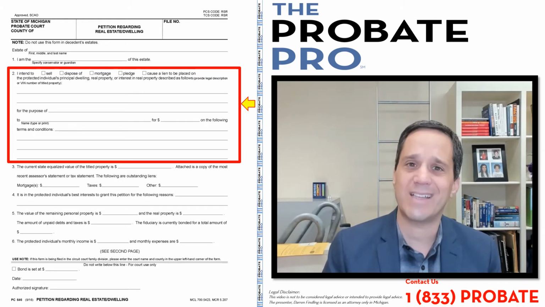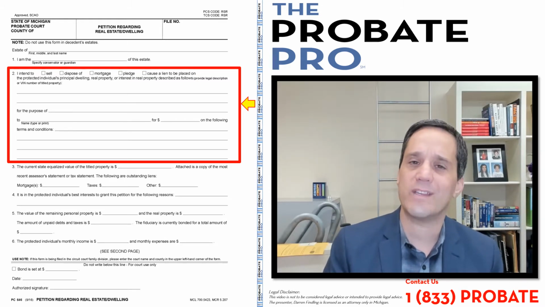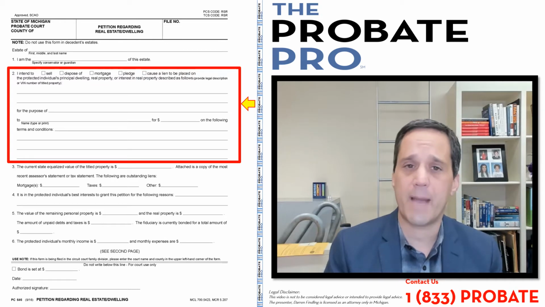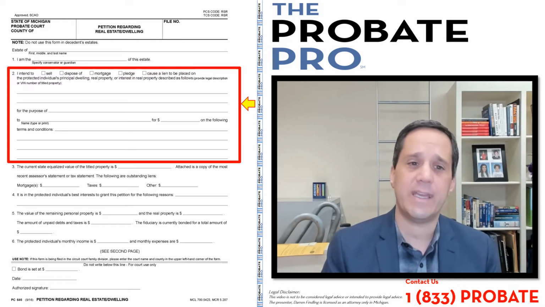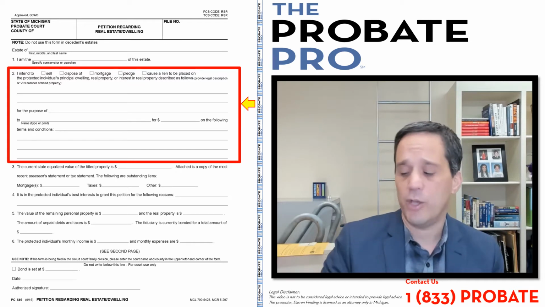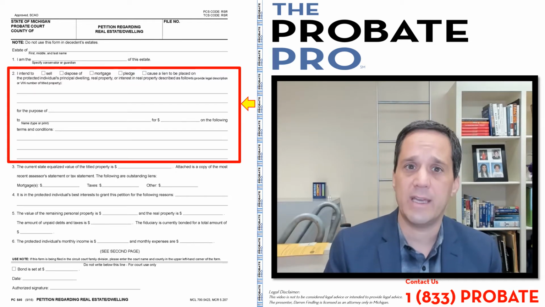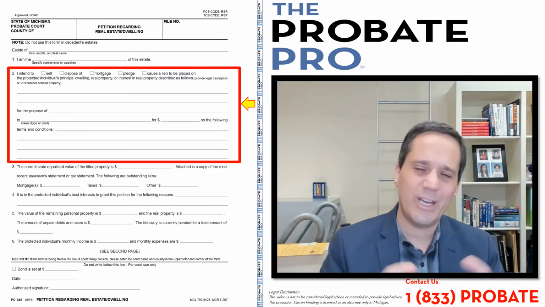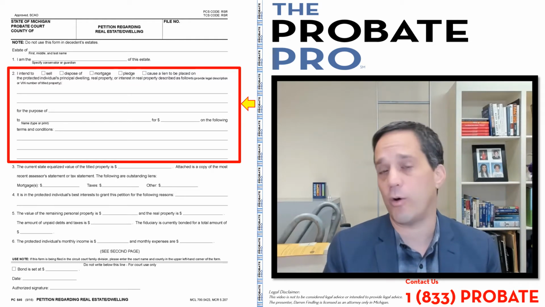Then it identifies to whom you are doing this transaction with. So for example, if you are conveying to a third party, you'd indicate the name of that person. Maybe you're getting a mortgage and you'd identify the name of the mortgage company or bank, and then the amount of money, and then the terms. And here there's not a lot of room to identify all the terms.